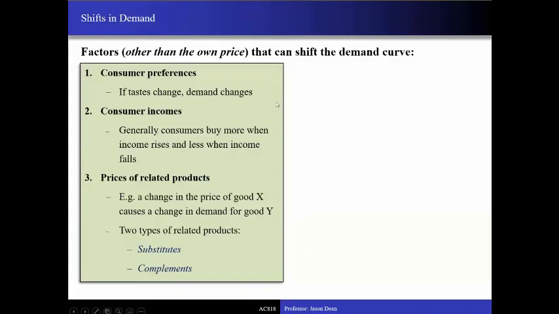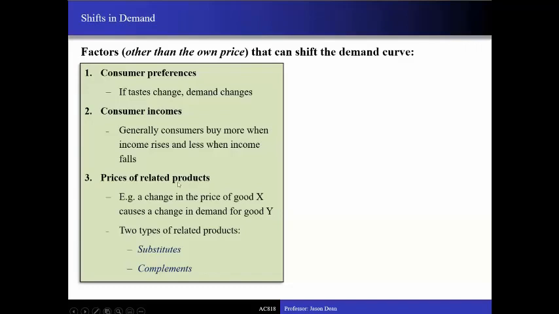Less hamburgers being sold because the price of burger buns went up. Yep, exactly. So, the general relationship here is that if the price of a substitute good goes up, then the quantity demanded of the other good will go up. If the price of a complement good goes up, the quantity demanded of the other good goes down.